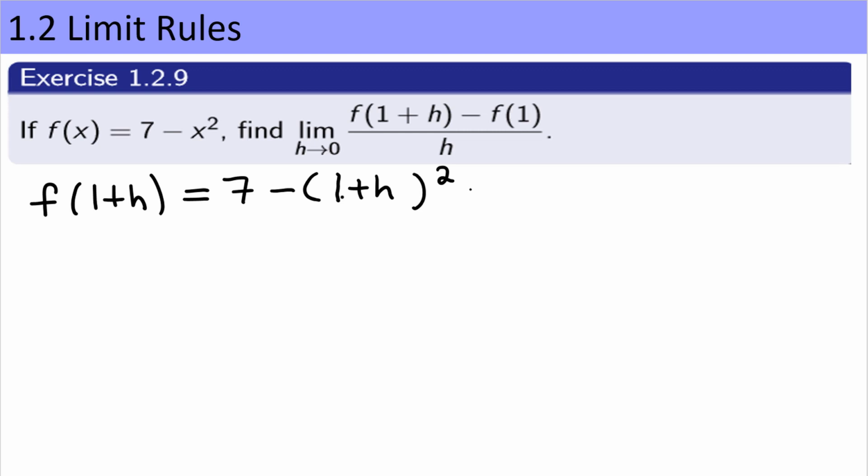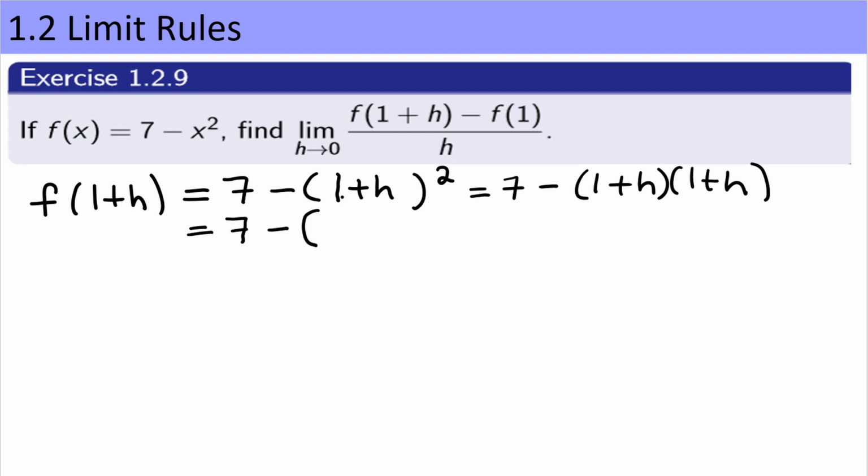Now let's continue. We're going to have 7 minus, and if it's been a while since you've done algebra, remember a quantity squared means you multiply the 2 binomial terms together. Let's continue to simplify. So we'll get 7 minus, and I'm going to keep the big parentheses.